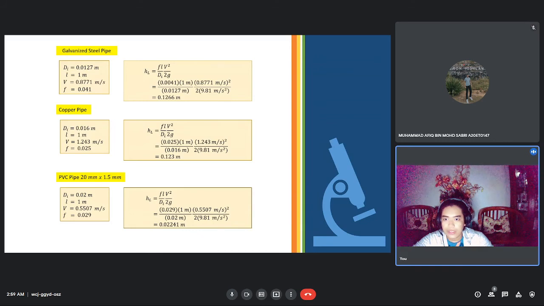First, we calculate the head loss of the galvanized steel pipe and we get 0.1266 meter, followed by the copper pipe. The head loss is 0.123 meter. PVC pipe with 20 times 1.5 millimeter, the head loss is 0.02251 meter.